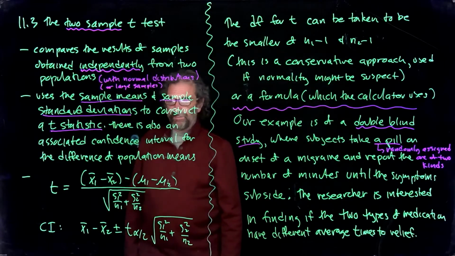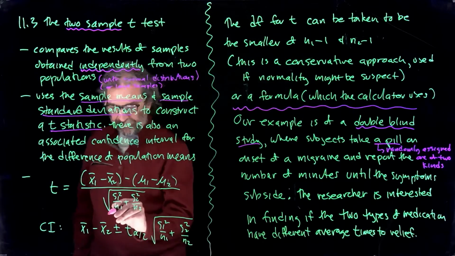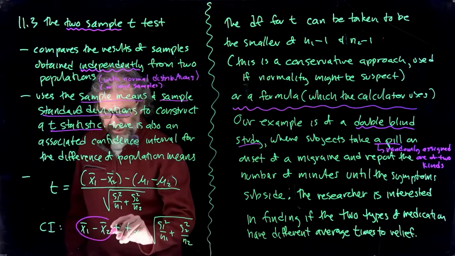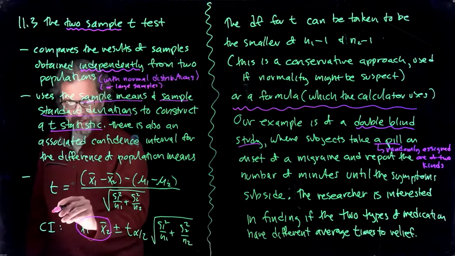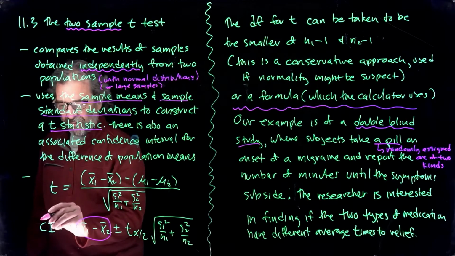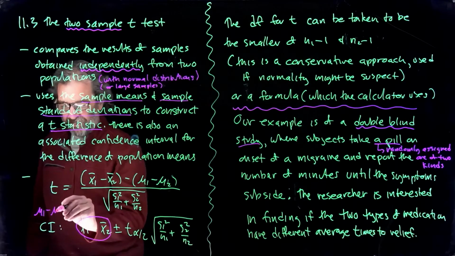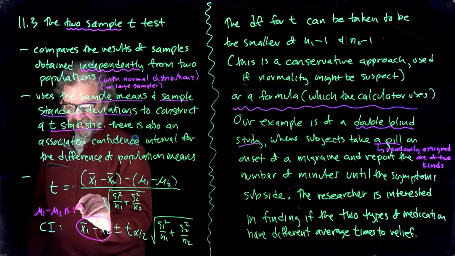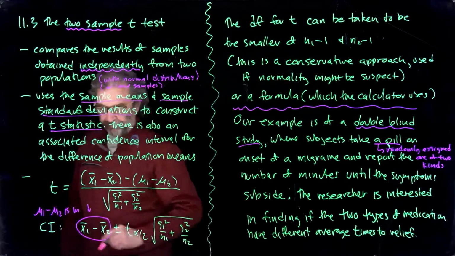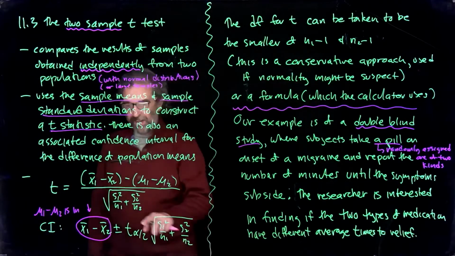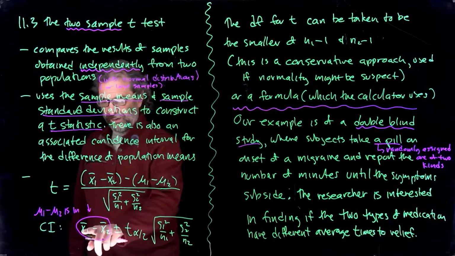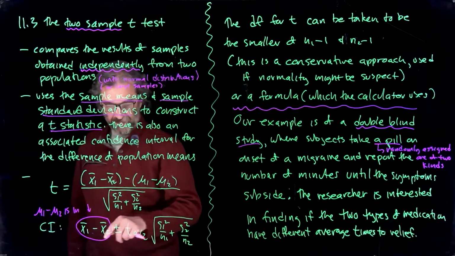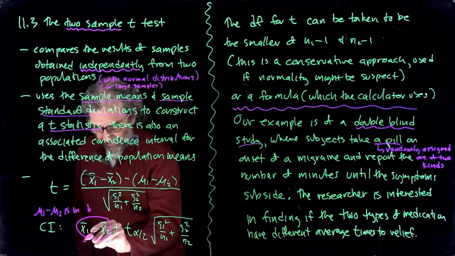For the confidence interval formula, you take the estimator. What are we trying to estimate? mu1 minus mu2 is in this interval here. So we take the estimate of mu1 minus mu2, which is x1 bar minus x2 bar. And so that's the estimate.